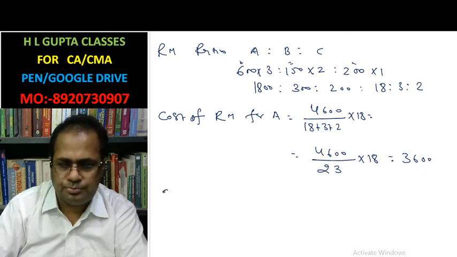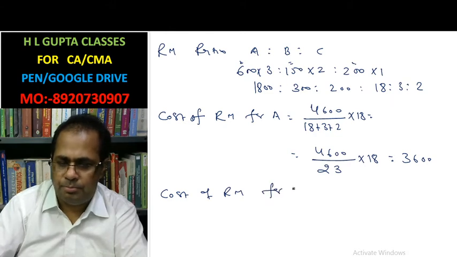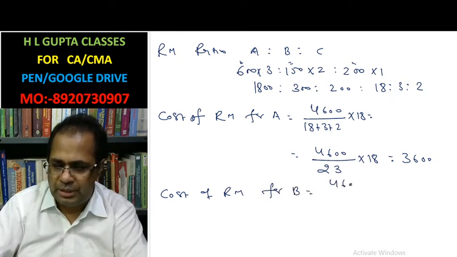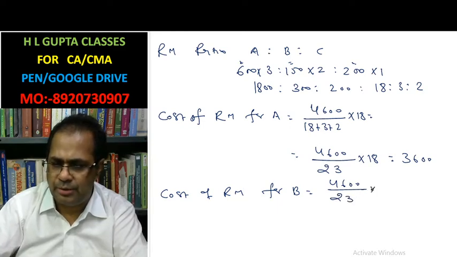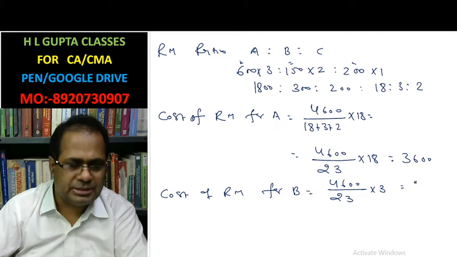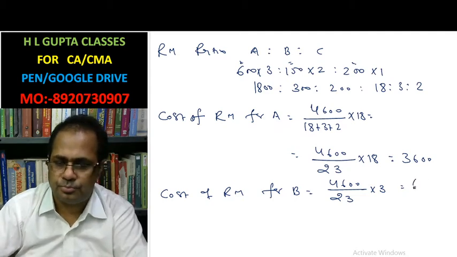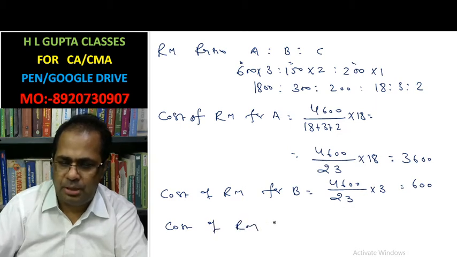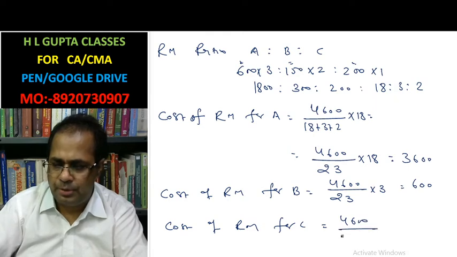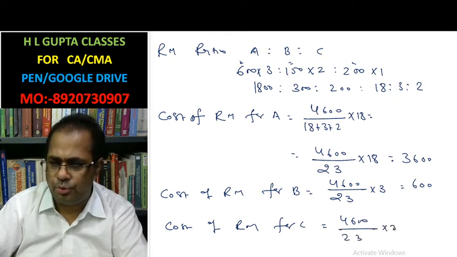Cost of raw material for B: 4600, this is 2300, 23 into 3, this is 600. Cost of raw material for C: 4600, 2300 into 2.